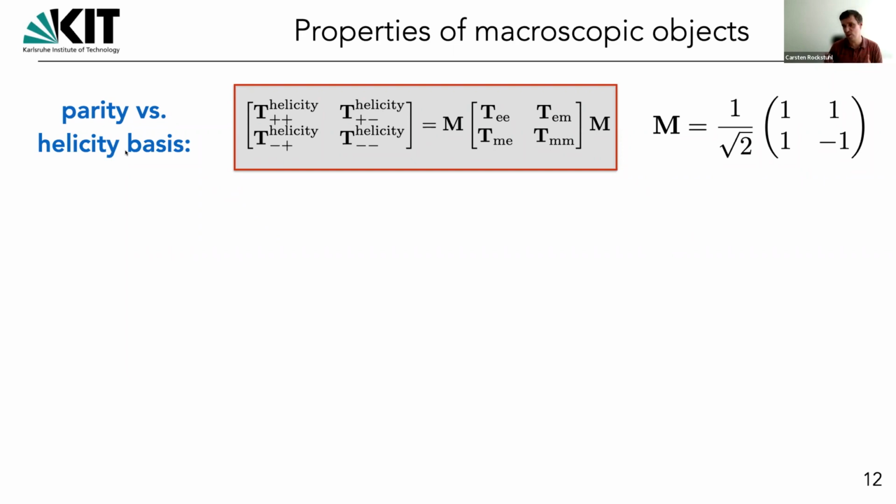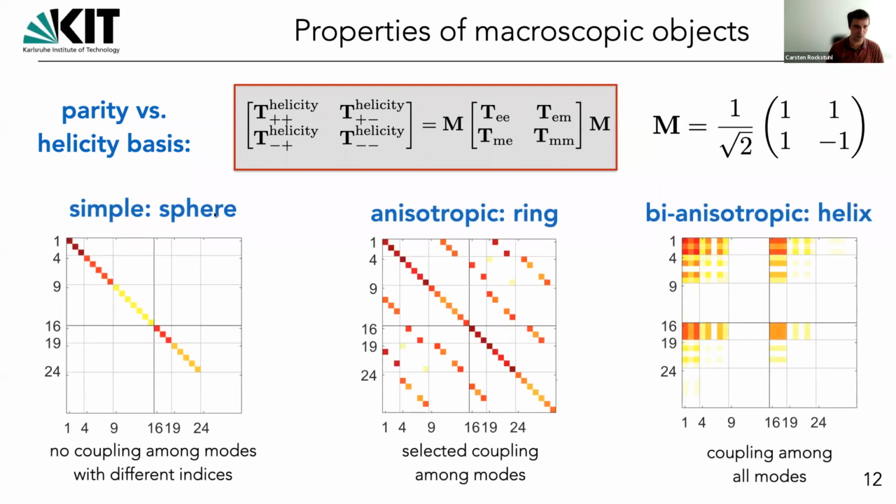You can think of helicity as a generalization of circular polarization, because a field of pure helicity can be expanded into a superposition of plane waves that are all either left or right-handed circularly polarized, if you think about a plus or minus helicity. So this is again just a change in base with a suitable matrix that we can use for the conversion, and there is absolutely no change in the content of information contained in these T matrices.